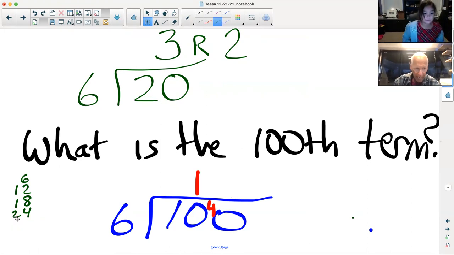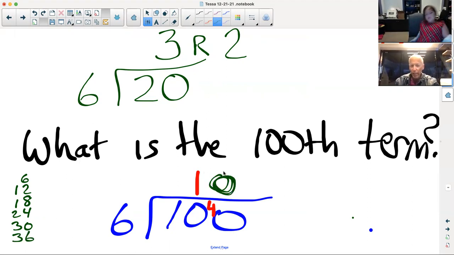And then what's after 24? 30. And then what's after 30? Oh, I mean 36. And how many 6s is that? That'll tell you what goes here. 6. Aha.